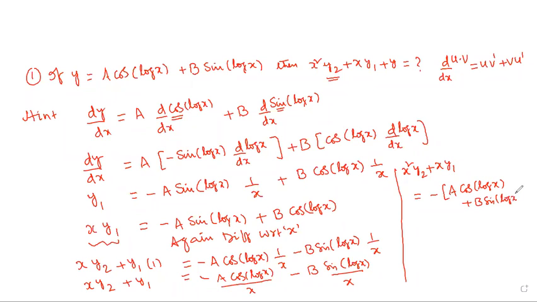Okay? This is the value of y. So x square y2 plus xy1 is equal to minus y. Bring y to the left hand side: x square y2 plus xy1 plus y is equal to 0 is the answer.